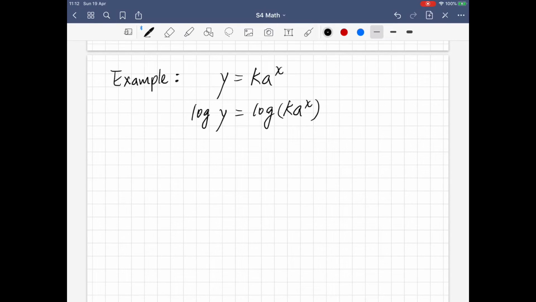Afterwards, we can separate the right-hand side using the properties of logarithms: log A plus log B equals log AB.